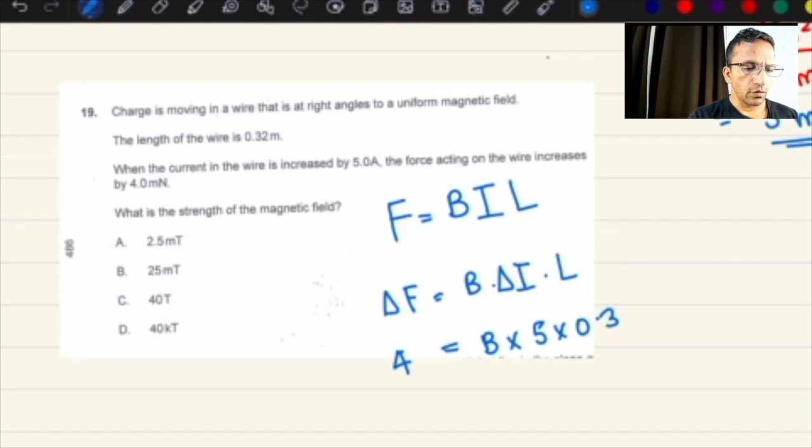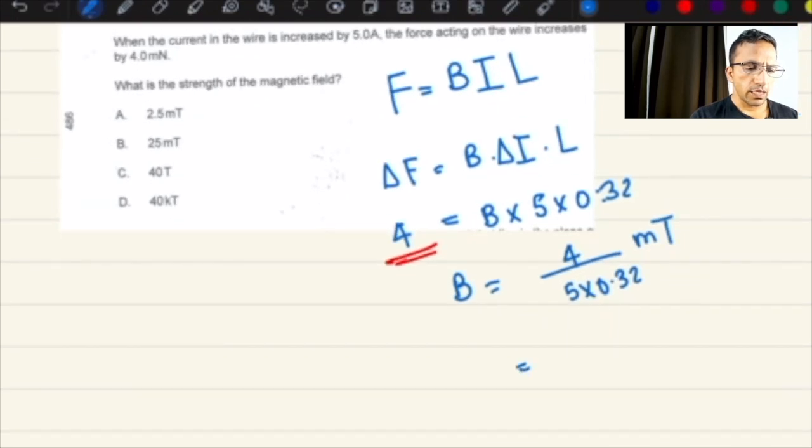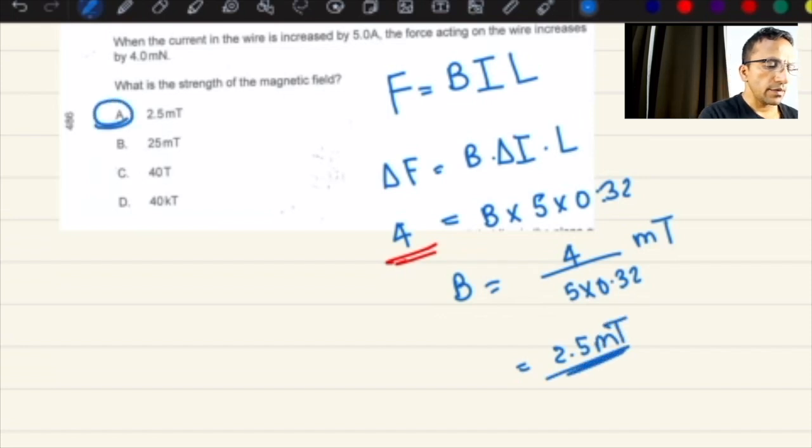L is 0.32. You can ask, why don't you change this into newton? Because I am trying to get B. If I don't change it to newton, I'll get it in millitesla, right? So 4 divided by 5 times 0.32, answer is in millitesla. So this comes to 2.5 millitesla. Answer is A.